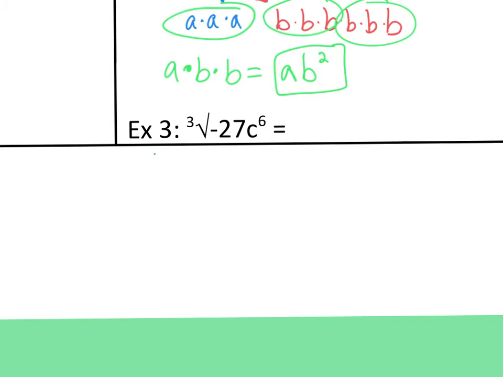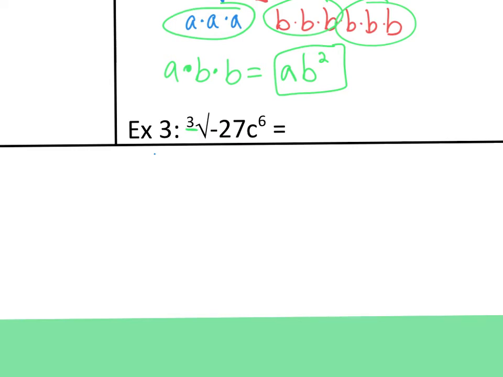There's a negative 27 underneath, but how do I tell if it's an okay negative or if I need to make it imaginary? What did we say we have to look at? The index, right? And the index is 3. Is that even or odd? Odd. So that means that this is okay or not okay? It's okay. You can have an odd index and have a negative under there.